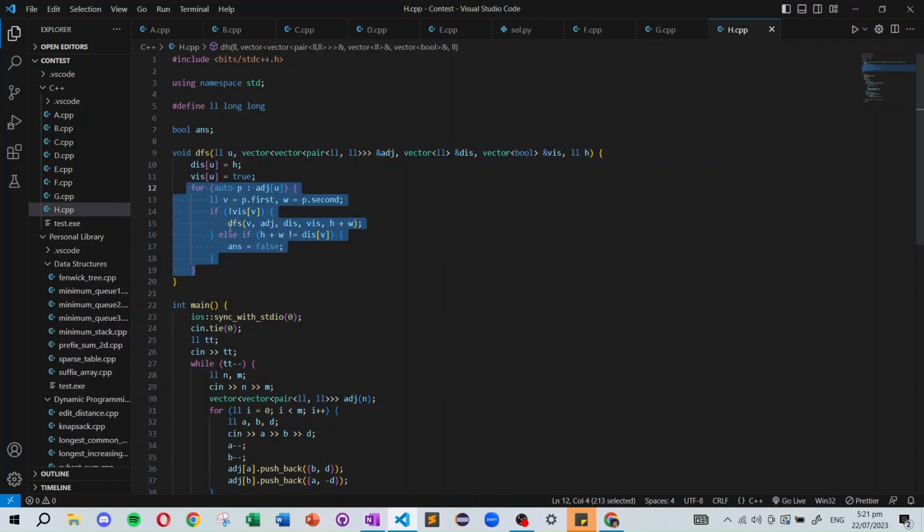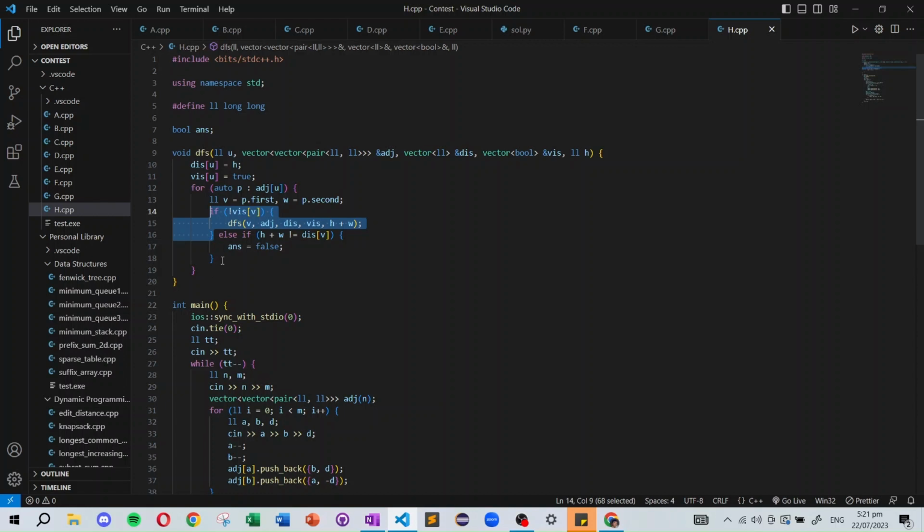Then we traverse towards the next nodes that are adjacent to u. And there are conditions to check. So if the node is not yet visited, we already know that the distance is not yet computed, so we can just traverse to that node already.